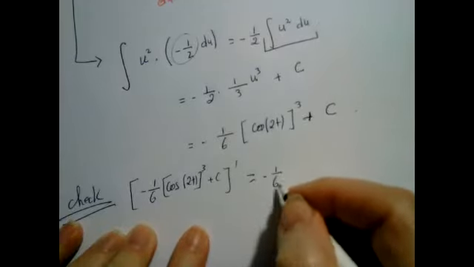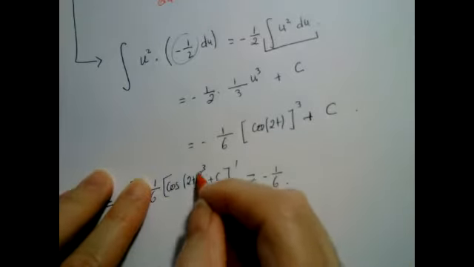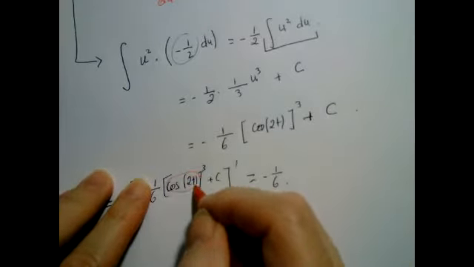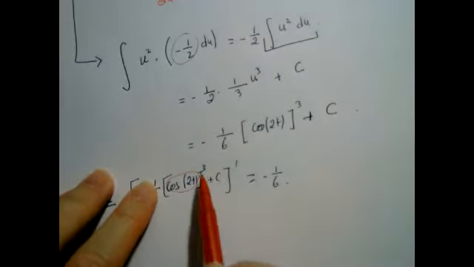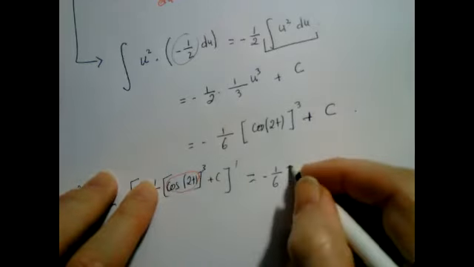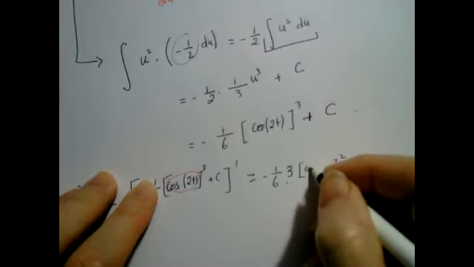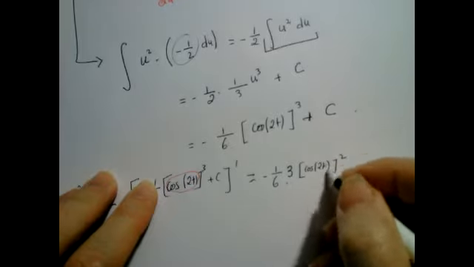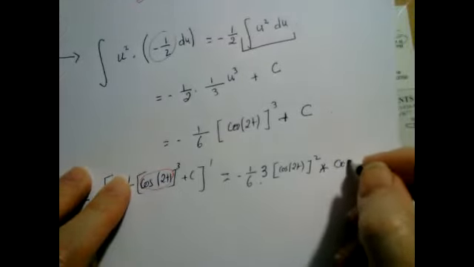Minus 1/6 is a constant. Derivative of cosine 2t to the power 3. So let us remember. Here I have an inside function. That's my inside. And my outside is the cubing function. So the derivative is the derivative of the outside, which is 3 times square, evaluated at the inside, times the derivative of the inside.